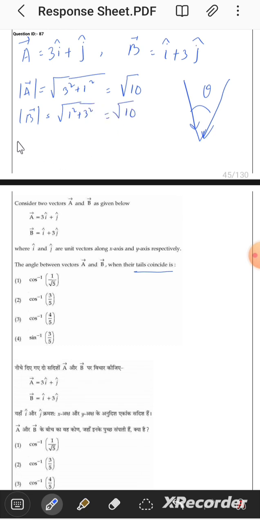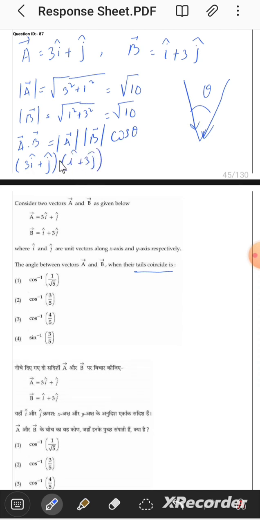And the formula we will use is the dot product: a vector dot b vector equals mod of a, mod of b cos theta. Before that, 3 i cap plus j cap and i cap plus 3 j cap.